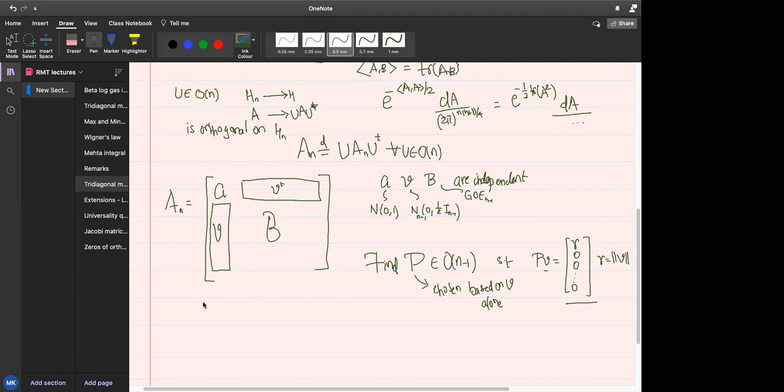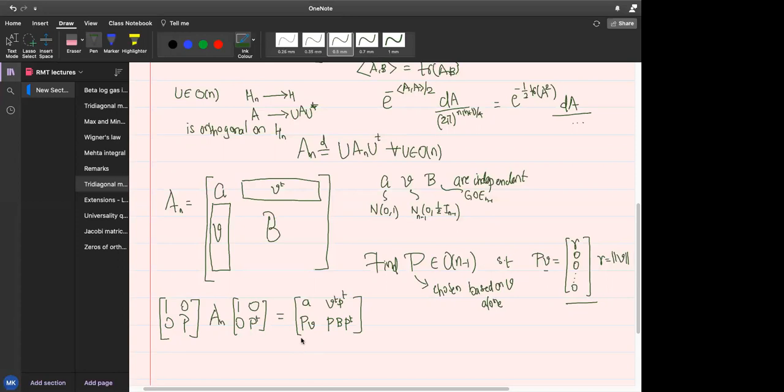So then you can conjugate this A by this n by n orthogonal matrix, which is block form with 1 and P on the diagonal, and 1 and P transpose. What does that do? Because of the 1 there, the first entry will remain just as it is. So this will be A. Let me write down all the entries. This vector in block form will be V, this will be V transpose P transpose, and what we will have here is P B P transpose.